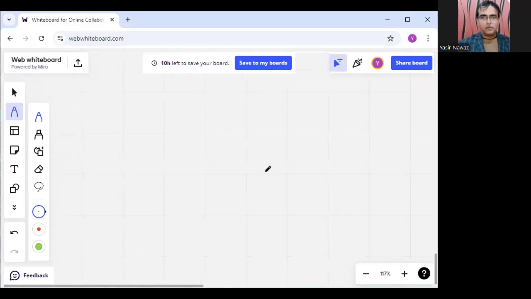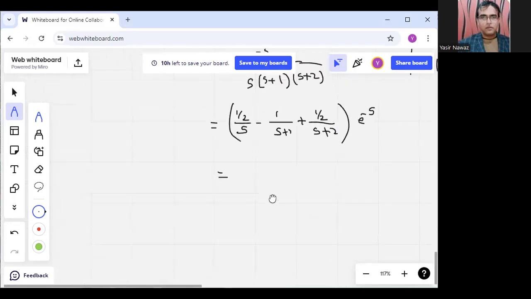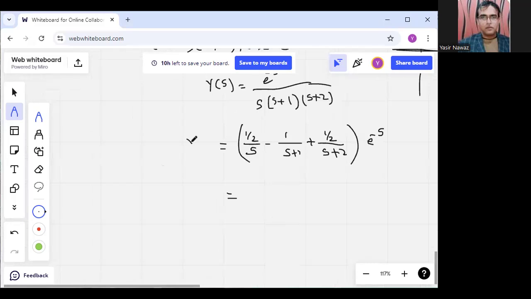If I write it in this form, y of S is this one. Now for y of t, I use the same initial conditions as in the previous example.